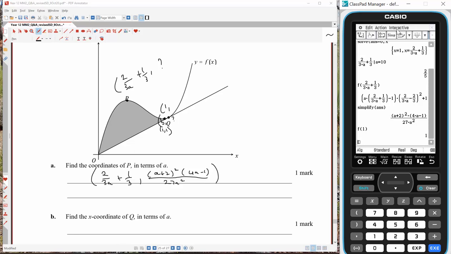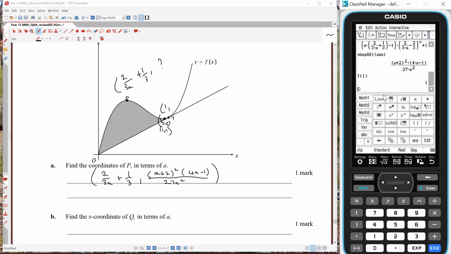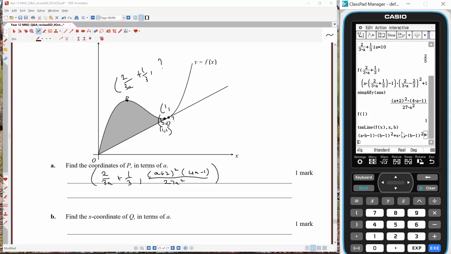So I'm going to run tan line on it. The expression is f of x at point B. Now this thing here is the equation of this line here. And so essentially, what else do I know? I know that this line here runs through the coordinate 0, 0.